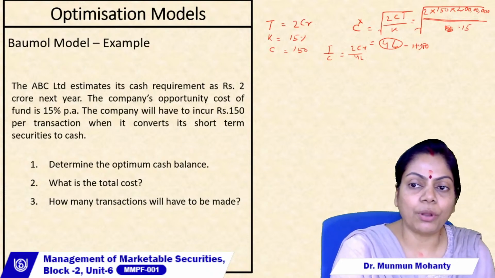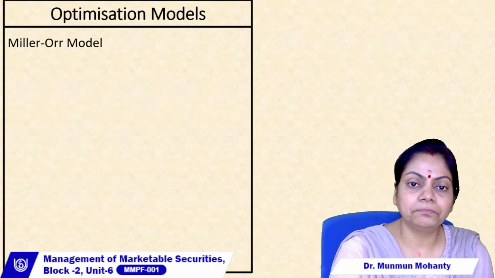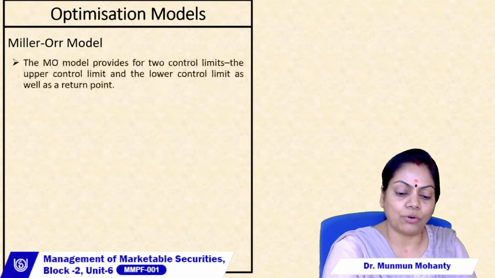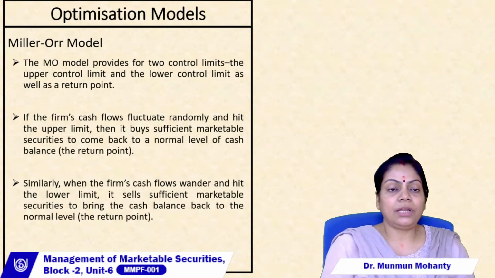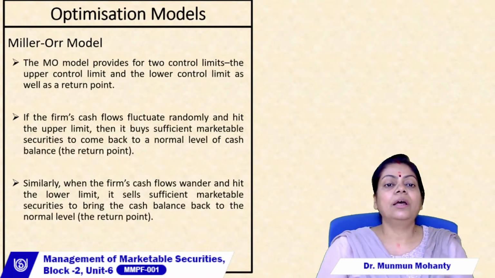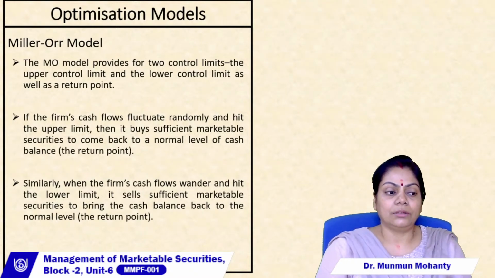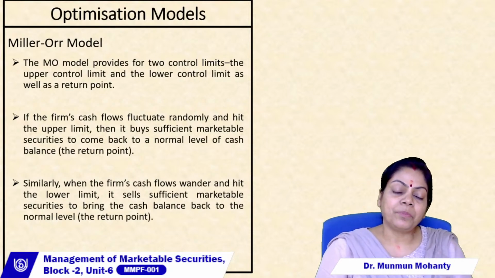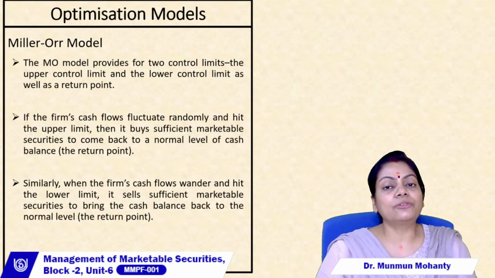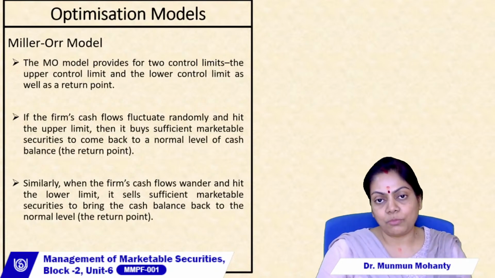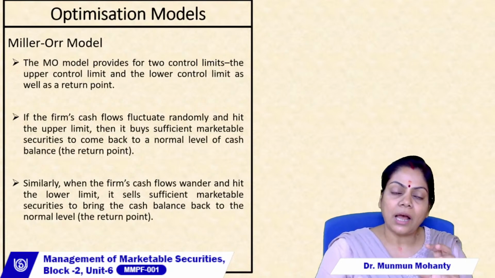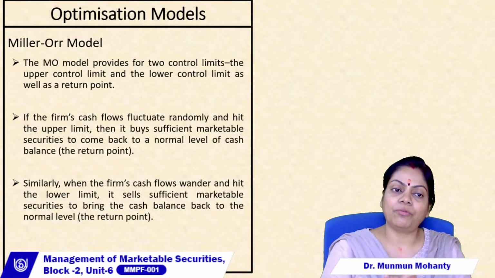Now we'll talk about the Miller and Orr model. As I told you in the beginning, the Miller and Orr model is a very special model, where the cash flow is not known with certainty. When cash flow is not known with certainty, it is difficult to say how much cash balance to maintain, how much to invest in marketable securities, and when to convert.